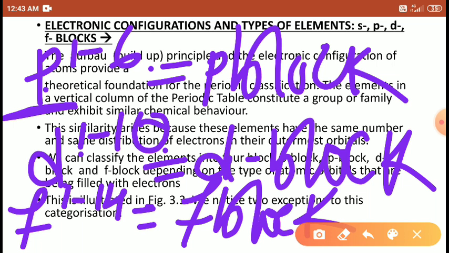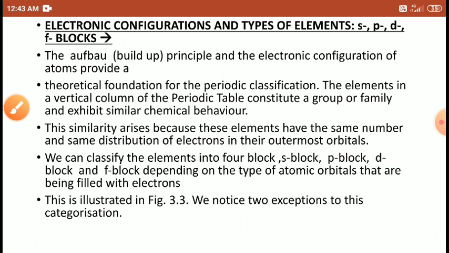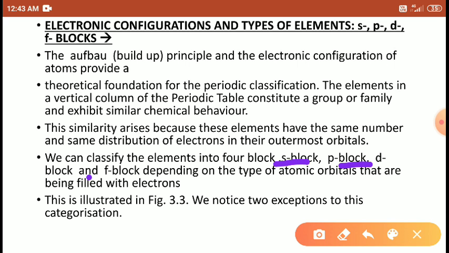So when the outermost electrons are present in an orbital, we name the block accordingly: s block, p block, d block, and f block.